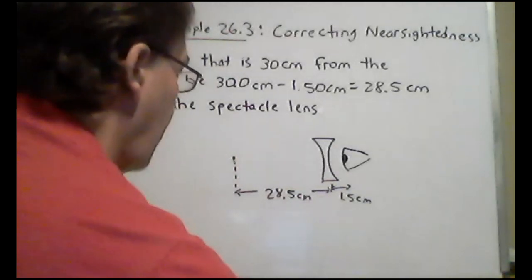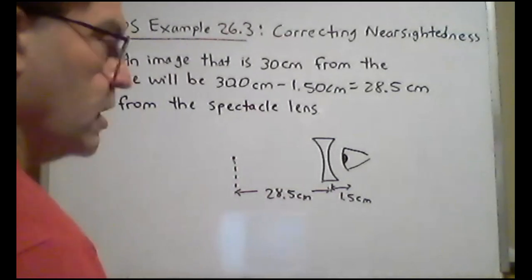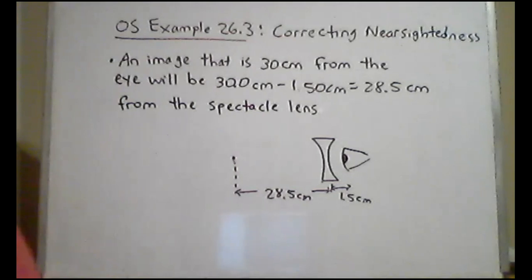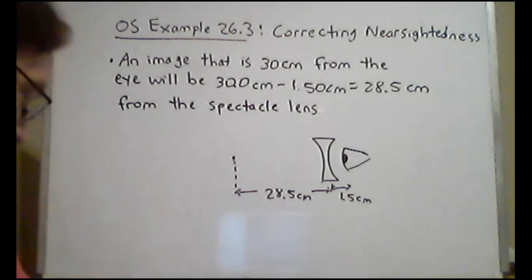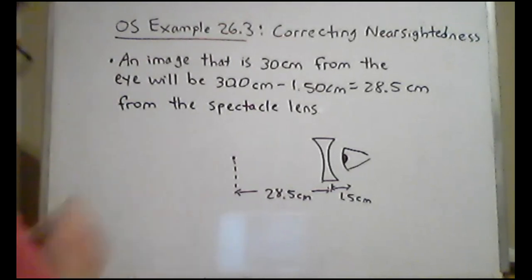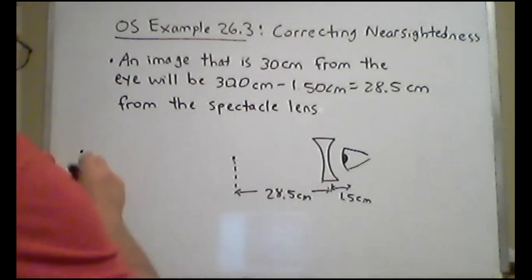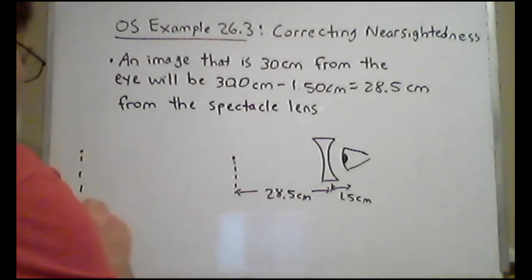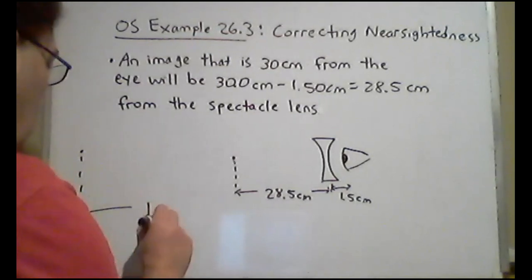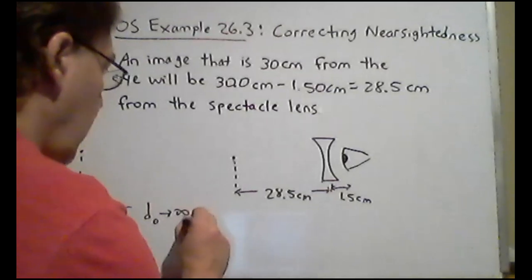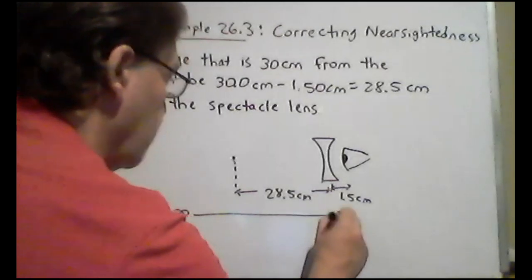The person is going to see an image, and the object distance is very far away. So your d sub O is approaching infinity. We're trying to find a distant object.